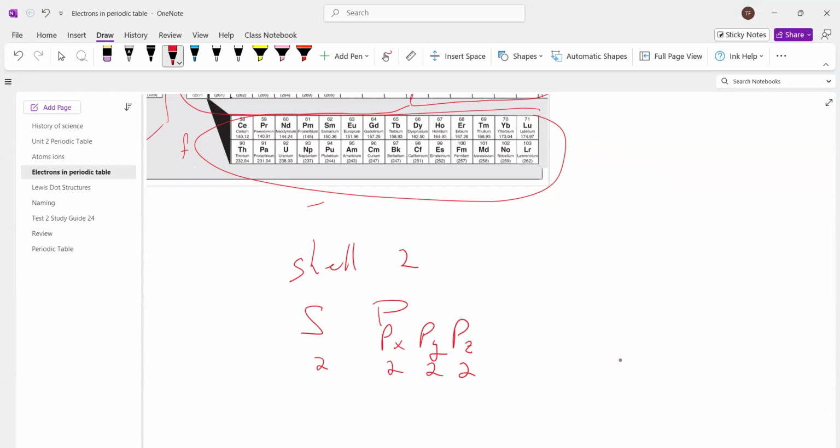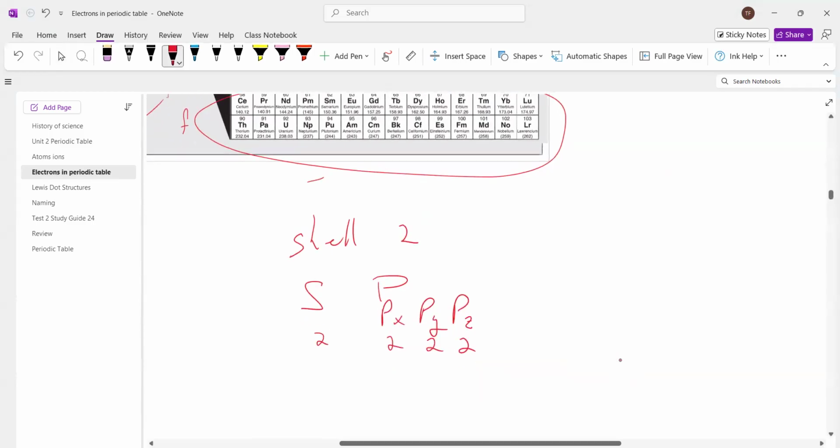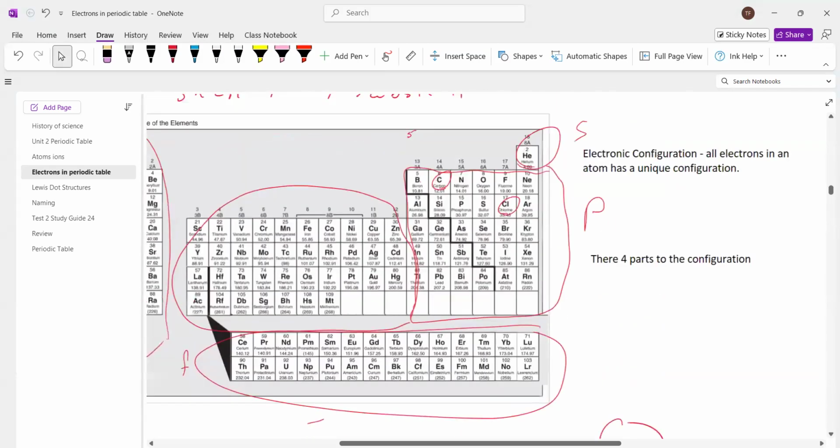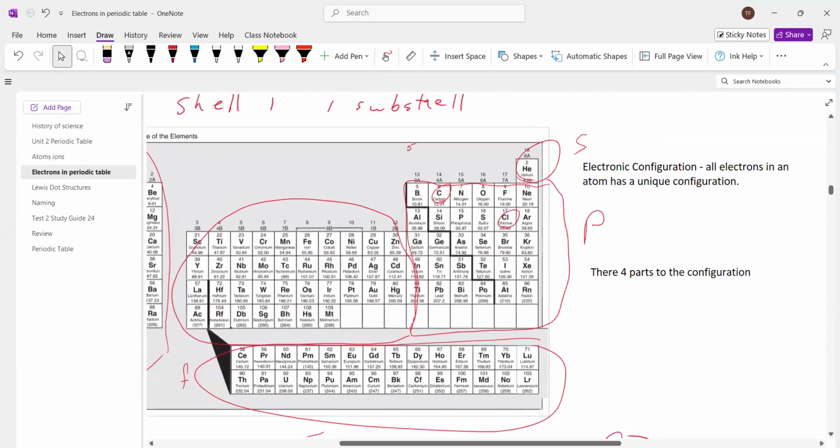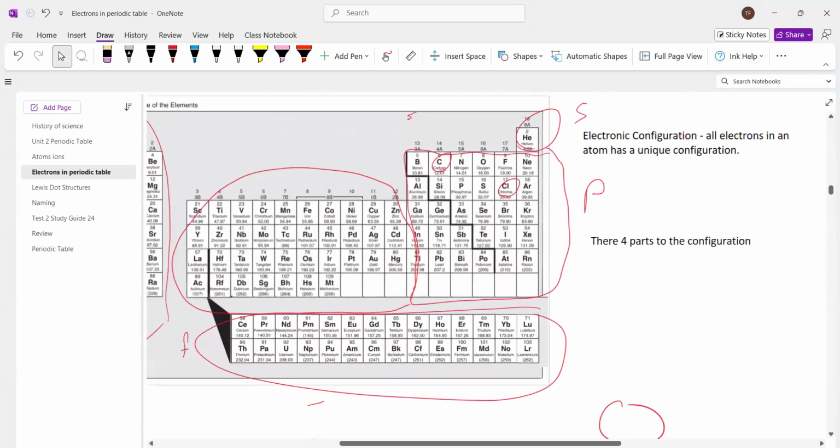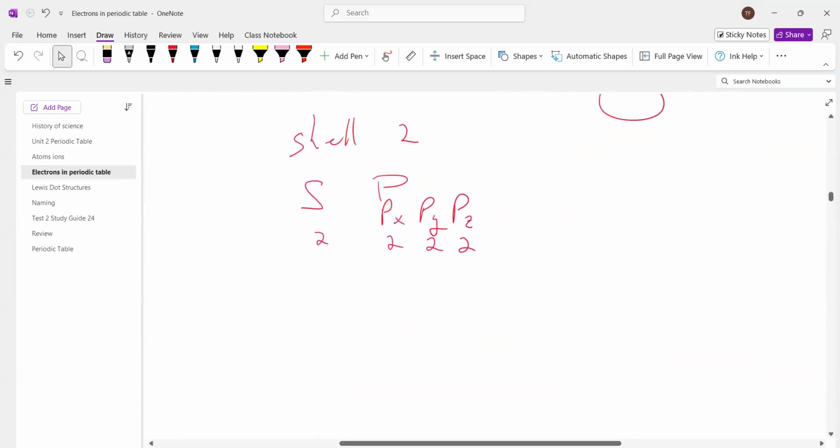Okay, so let's look at oxygen now. Oxygen, as you know, has got 8 total electrons, and it's in shell number 2. So the first 2 electrons of the 8 are going to go on the most stable of the orbitals.